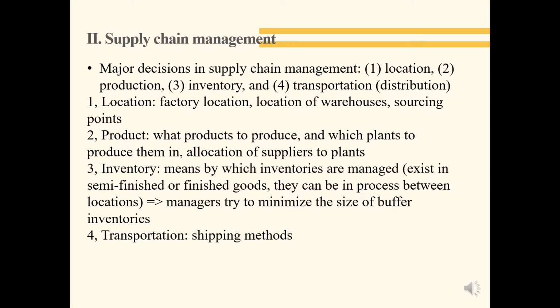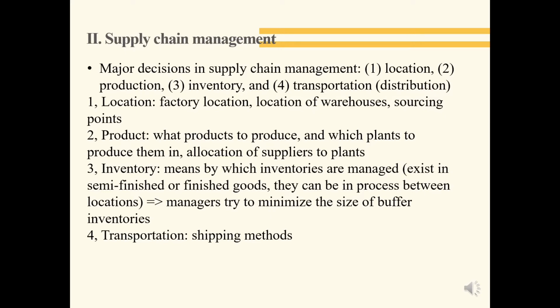The first one is location. Managers in international firms should design the factory location of warehouses or sourcing points, and they should consider whether the factory will be located in a low labor cost country or in a developed country.